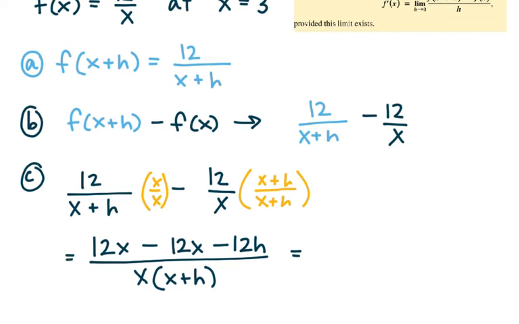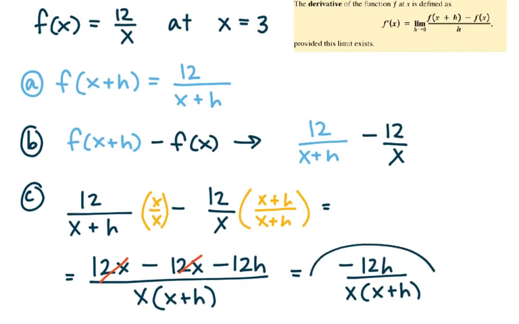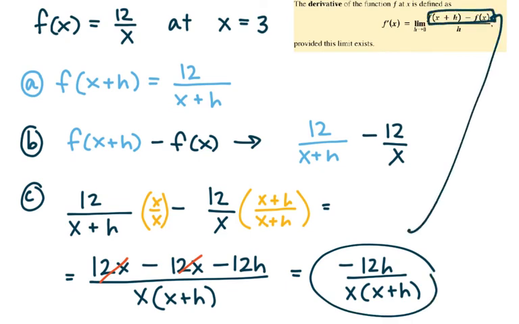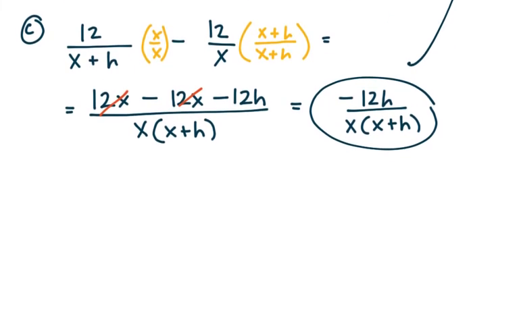Continuing to simplify, the 12x's go away, and I have negative 12h over x times x plus h. Now this represents my simplified numerator. So now that I've simplified that, I'm going to divide by h and apply my limit in front of it.